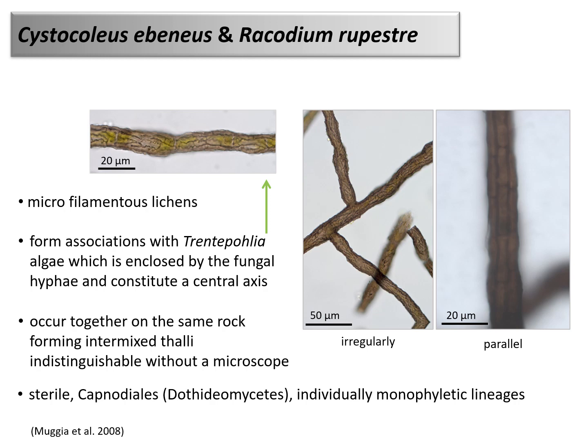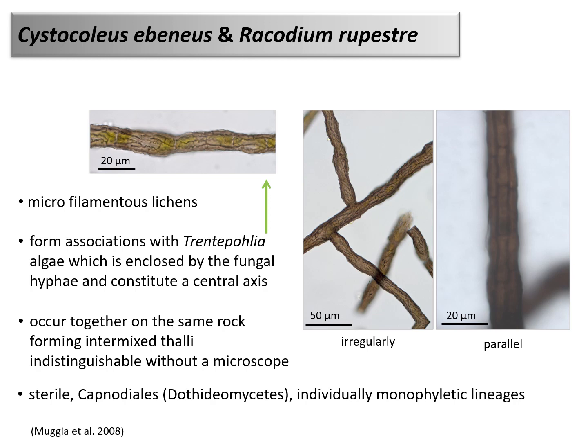But what happens is that we have cases in nature where melanized fungi can also grow and form a true lichen symbiosis with algae. This is the case of the two genera, Cystocoleus and Racodium.